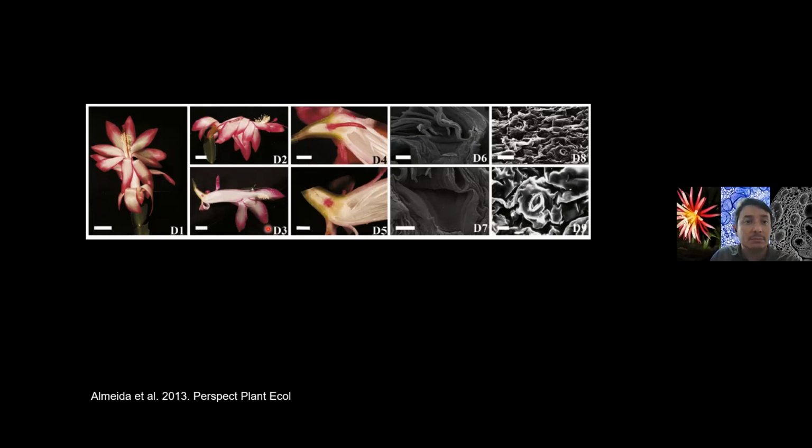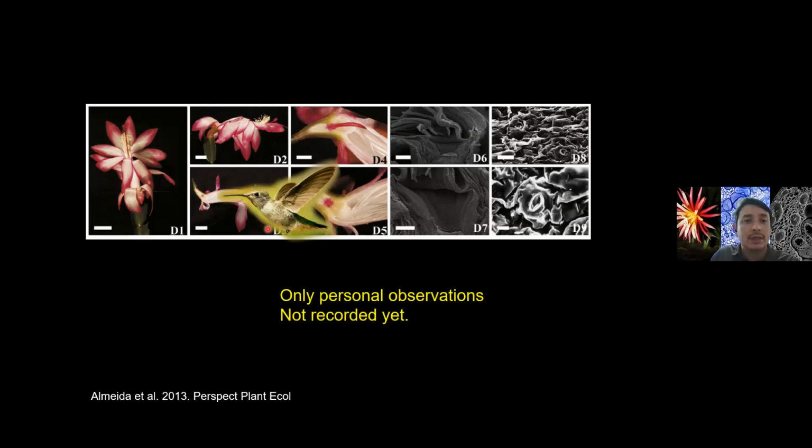I have seen a couple of times birds visiting the Schellenbergia flowers, and there are some notes here and there that hummingbirds are pollinators of these flowers, like Christmas cacti, but they are only personal observations.